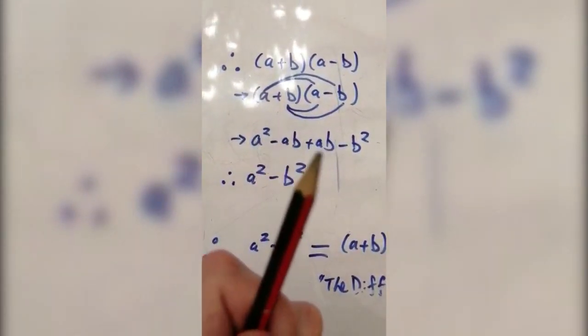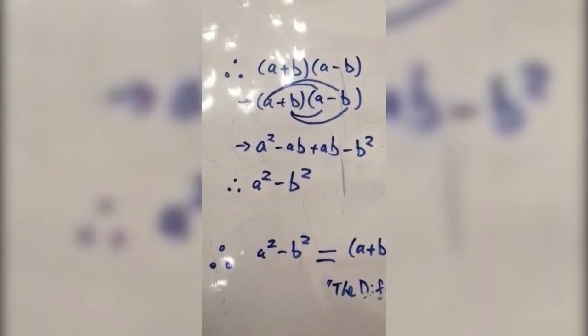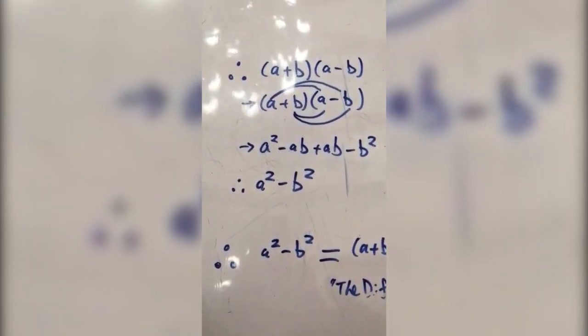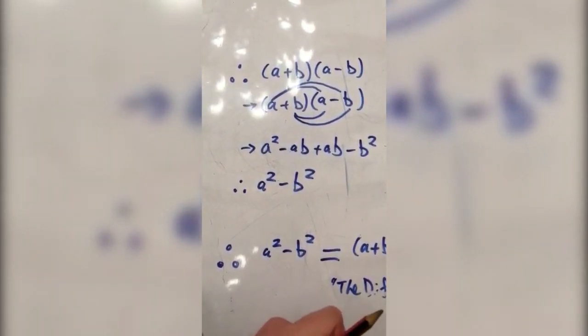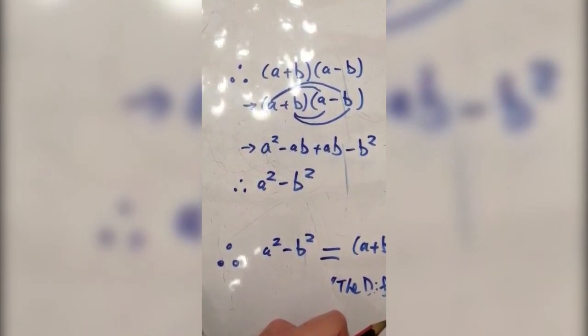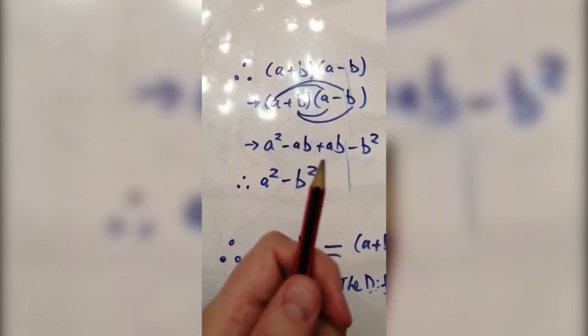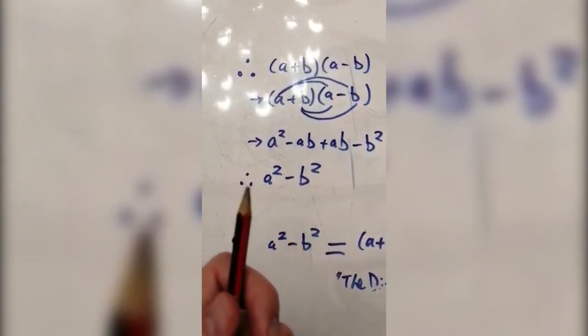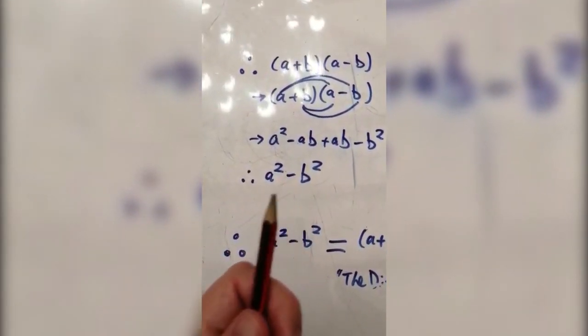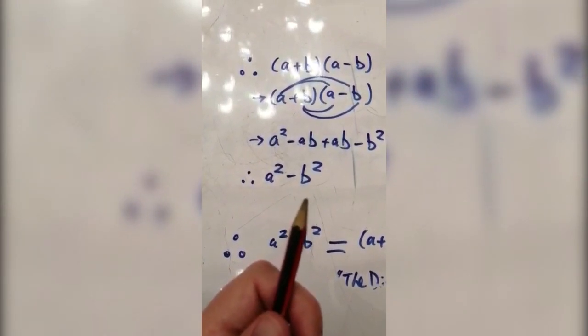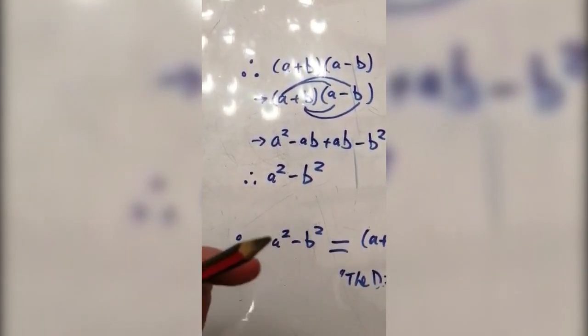Now we can see that the middle terms, minus ab and ab, once accumulated, are like saying minus 3 and plus 3. They cancel each other out. Those two fall away because they neutralize each other. A squared minus b squared is the simplified form. So the reverse is also applicable.